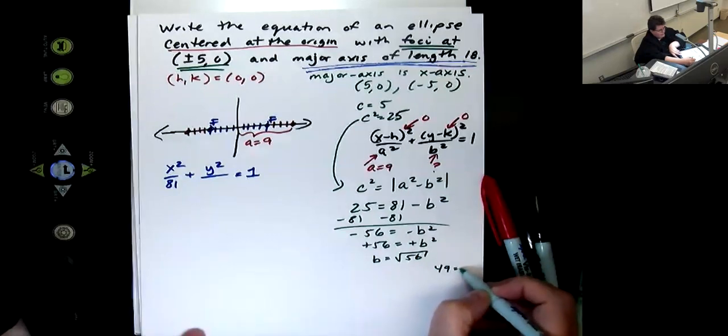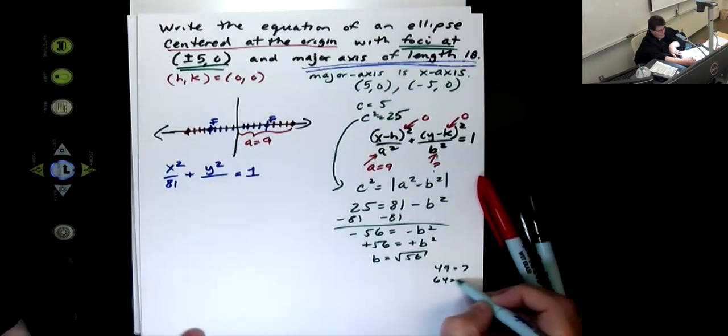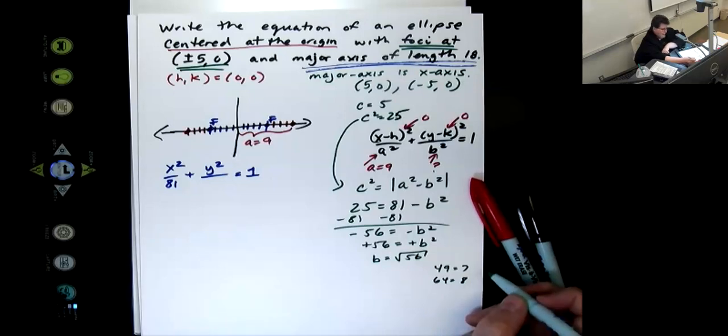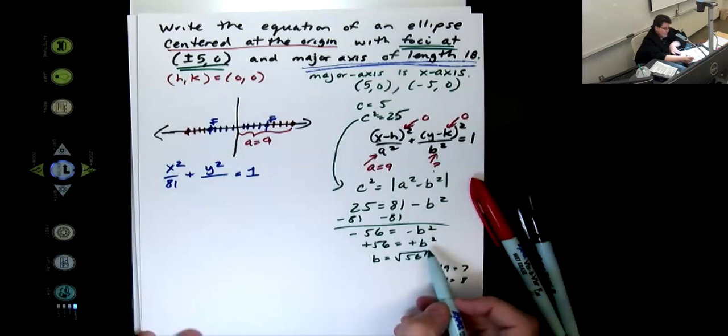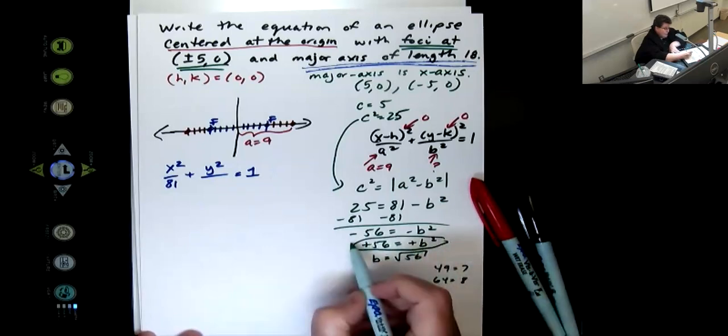49 would be 7, 64 would be 8. This is about halfway between them. I'm going to guess that's about 7.5. But all we really needed was B squared. That's what goes in the equation.